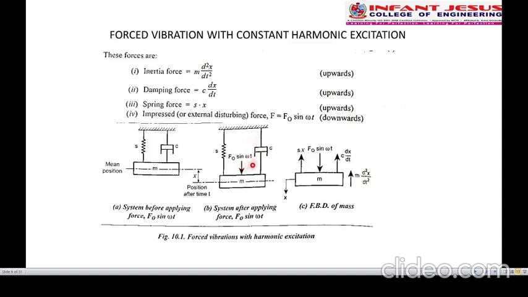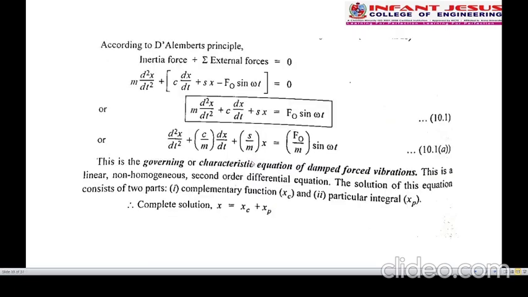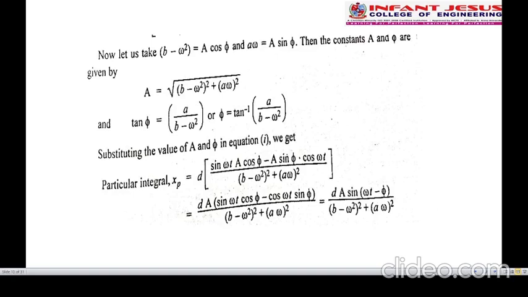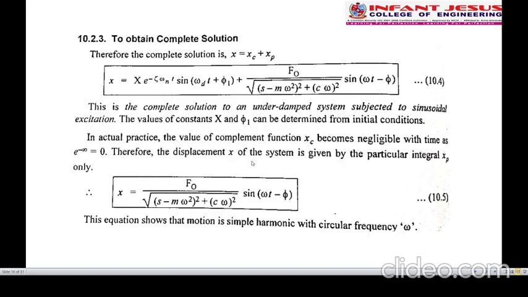So we are going to replace the time. Time tends to infinity. When time tends to infinity, the value of this function, that is e power, becomes e power minus infinity. If it becomes e power minus infinity, then this term becomes 0.